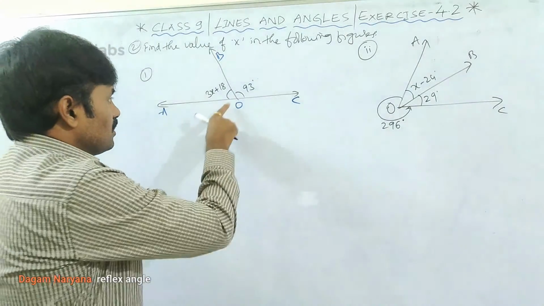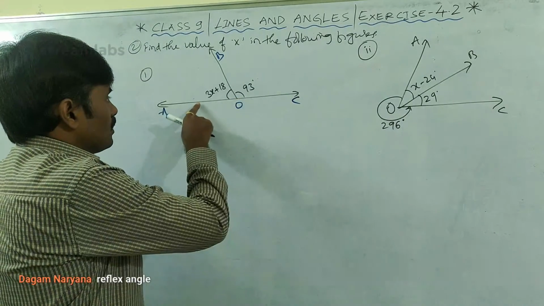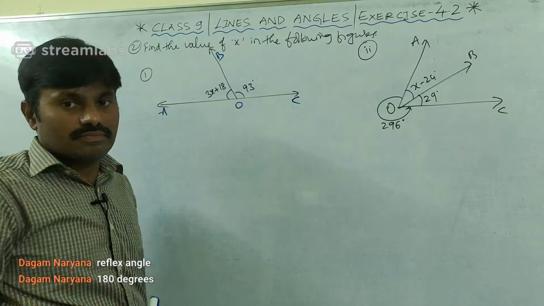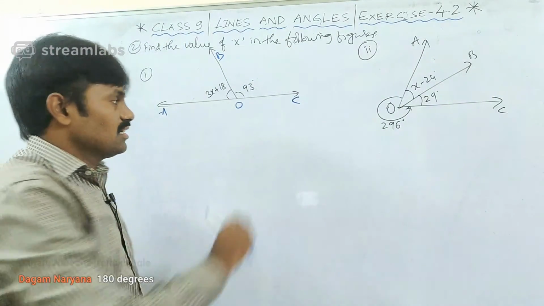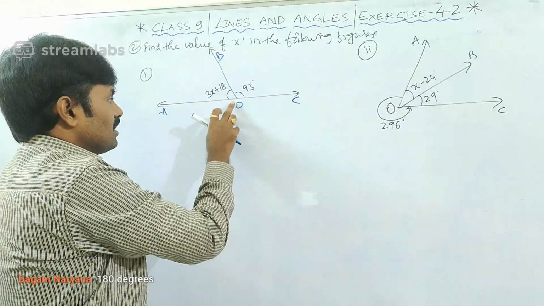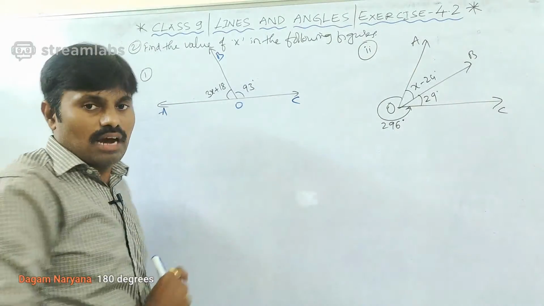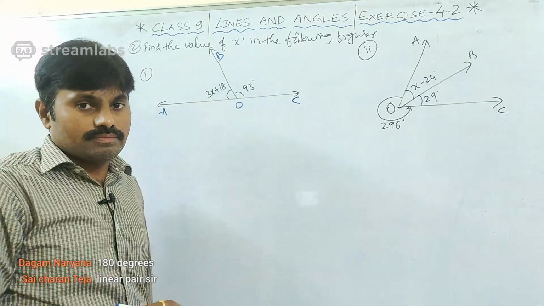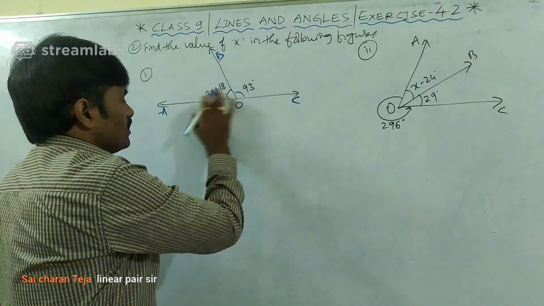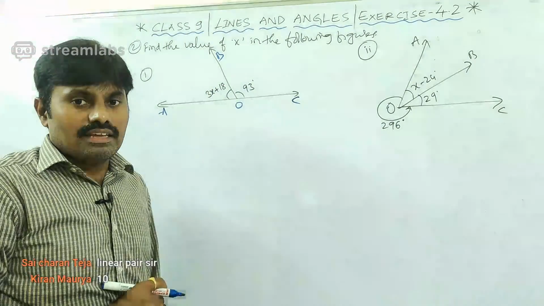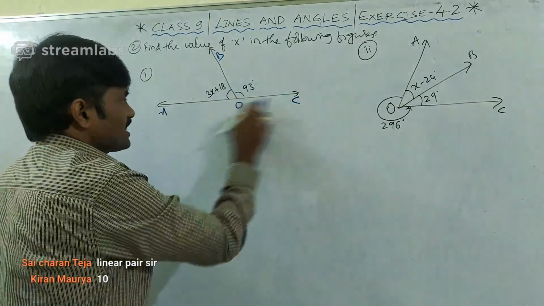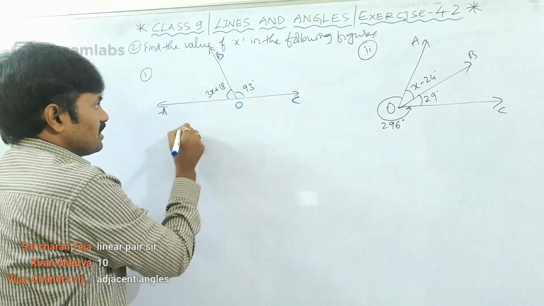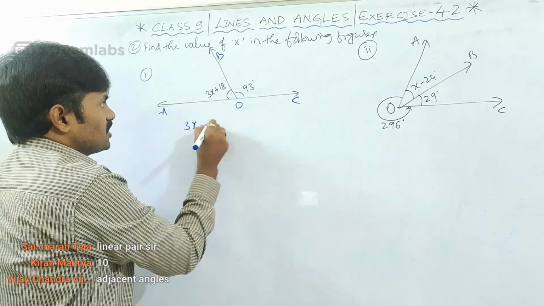How to say adjacent angles? Since here OA and OC are non-common arms and OB is the common arm, these two angles form a linear pair, because it is a straight line. So the sum of these two angles is 180 degrees.